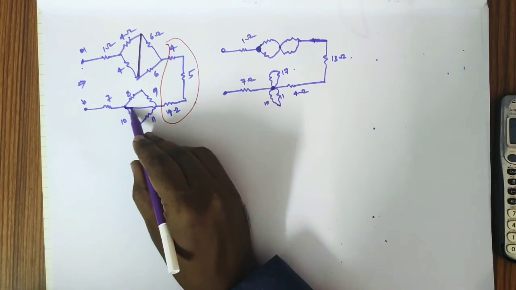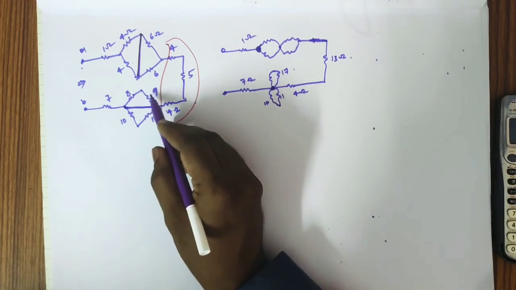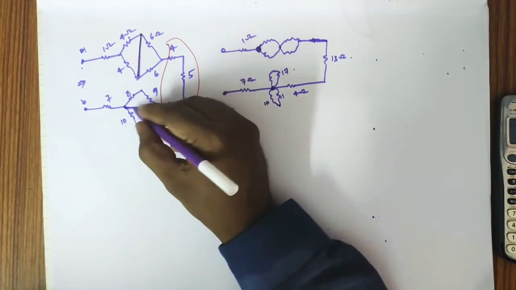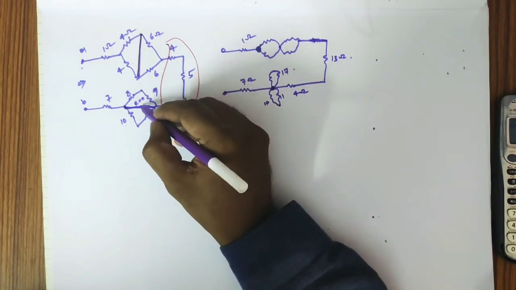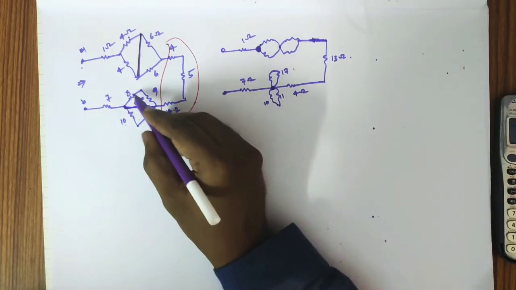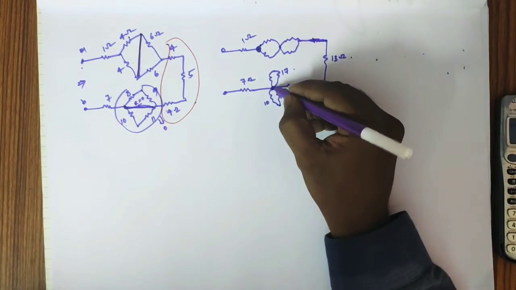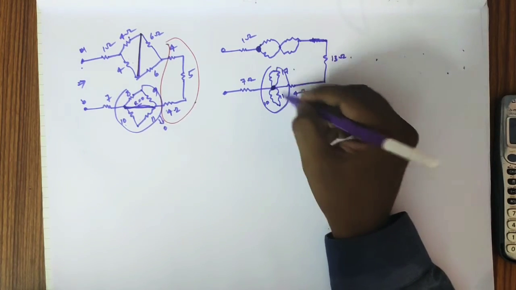If you see that, by looking at this, you can straight away say that 8, 9, 17 and 11, 12, 21, this 17 and 21 and this short line are equal to 0 and in parallel. Therefore, something which is parallel with 0 resistance, the entire branch will become 0. Or if you see there is any resistance here at this point, no. So this entire thing will become 0.